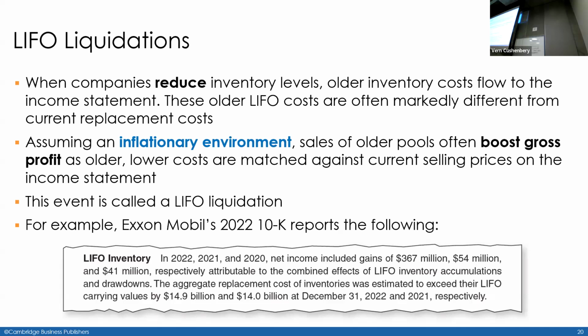And they say in 2022, net income included gains of 367 million on account of LIFO liquidation. That's the type of disclosure that you would probably be able to hide from most Wall Street analysts. You can mix that in there without a lot of people crying foul on something like that.